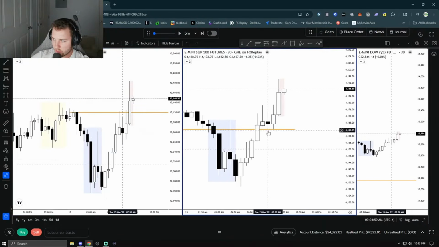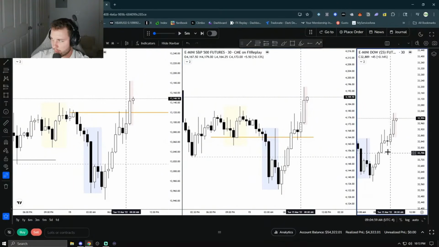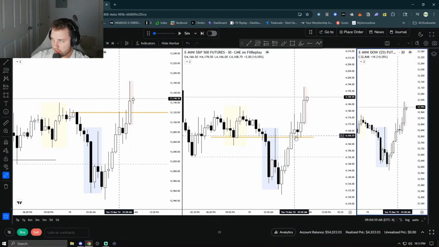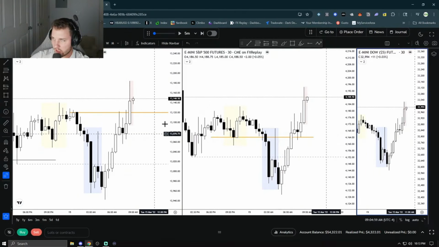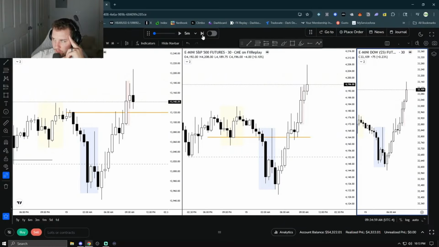We do have this swing point, but no SMT. Yeah, so if we SMT'd in here, I would consider it, but I want 9:30 to go low. Like that.